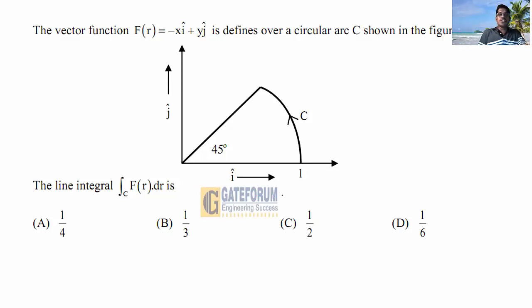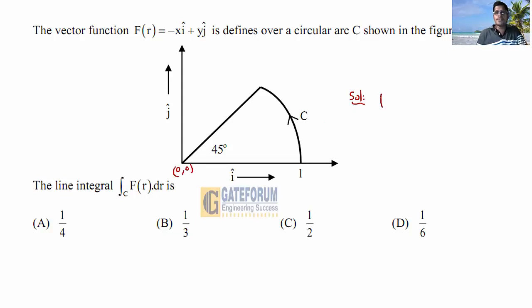So, solution. Generally, for a circular arc or semicircle, when it is a curve, it is better to convert the problem into parametric equations. So this is radius 1, as given, and the center is here at 0, 0.